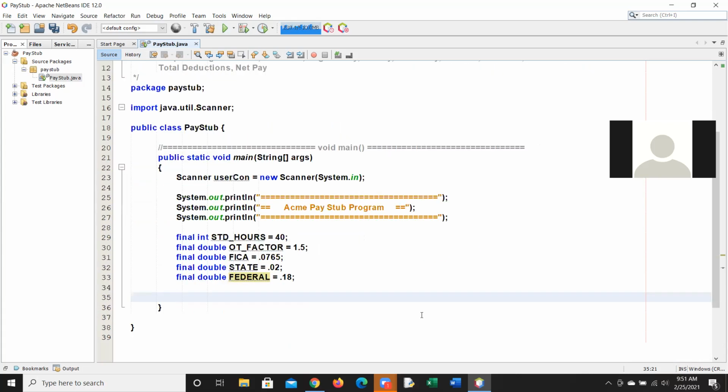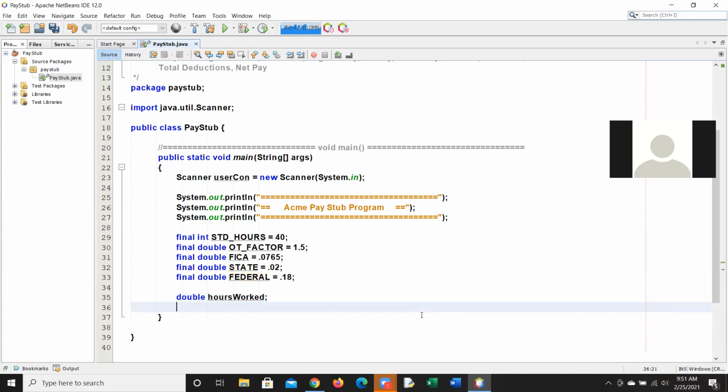Hours worked, what do you think? It's just going to be double since it's a variable. Because I don't want to get gypped out. If I work 40.5 hours, I'm not giving that half hour to them, right? So it's going to make it hours worked like that, and then double rate of pay, maybe.